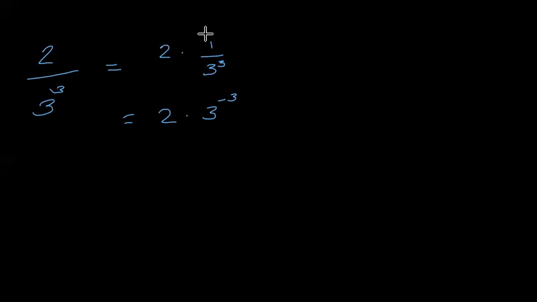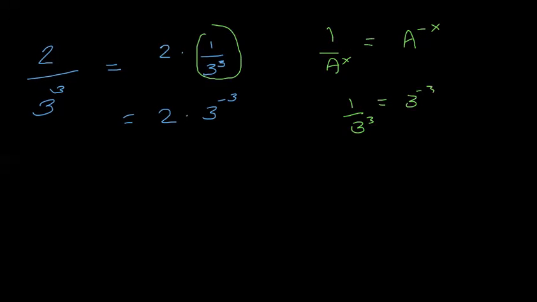Why? Because if I look at this part right here, I have 1 over a to the x, and this is going to be equal to a to the minus x. So when I have 1 over 3 cubed, it will be 3 to the minus 3. But this is being multiplied by 2.